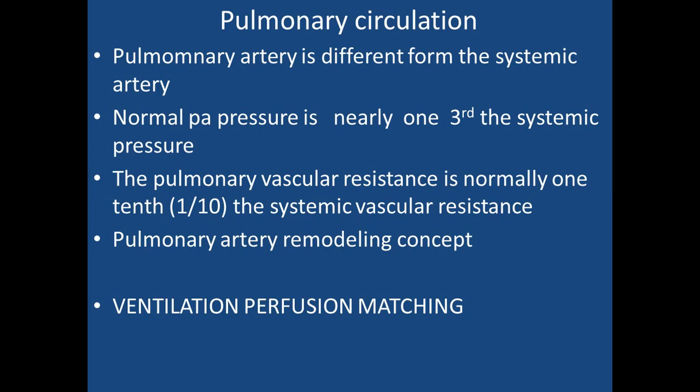The normal PA pressure is nearly about 1/3 that of the systemic pressure, and consequently the pulmonary vascular resistance is normally up to 1/10 of the systemic vascular resistance.